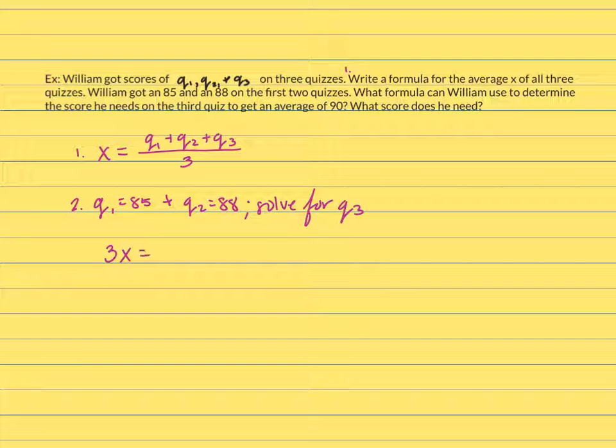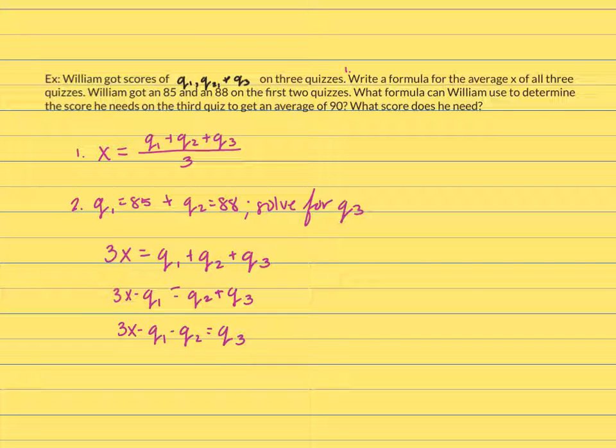So I get 3X equals Q1 plus Q2 plus Q3. And then I'm going to subtract Q1 from each side. And then subtract Q2 from both sides. And so now I've solved for Q3.